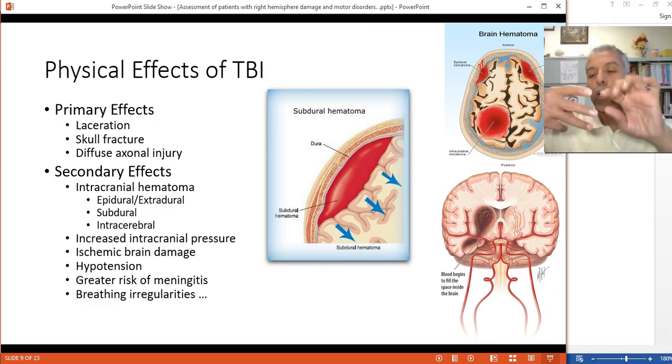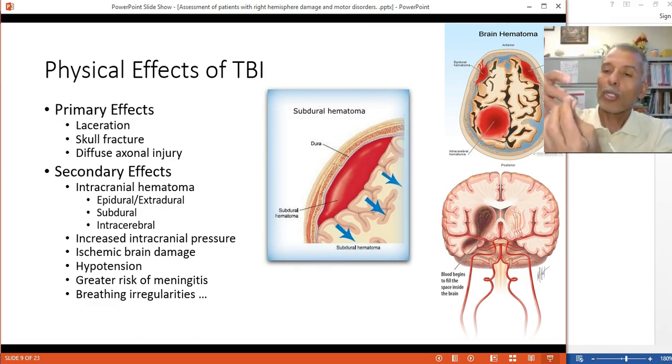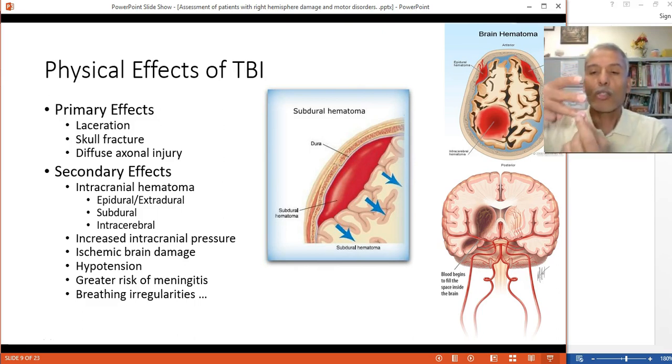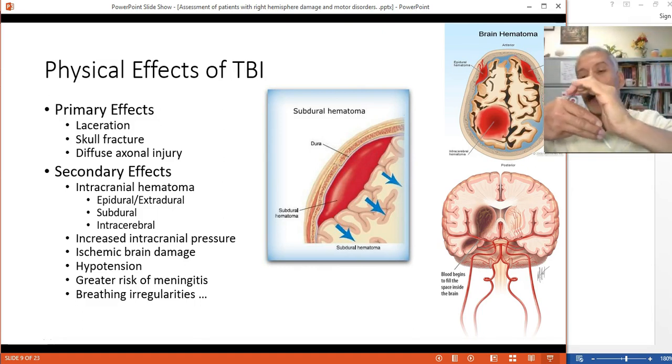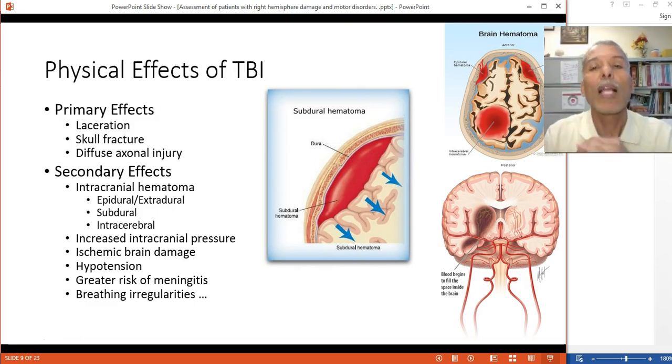So the dura mater is still attached to the arachnoid membrane, and the arachnoid membrane is still attached to the pia mater. The three of them are all compressed down, and there's the wall of the skull, and then you have the accumulation of the blood between the skull and the dura mater.